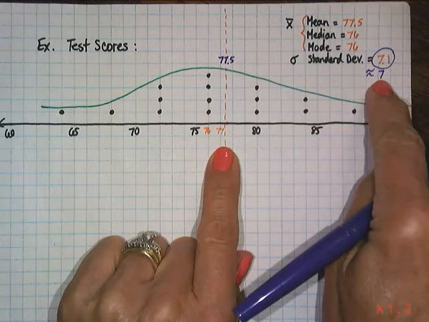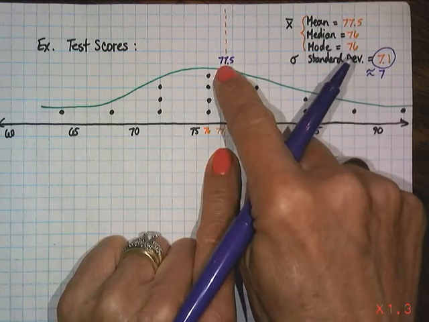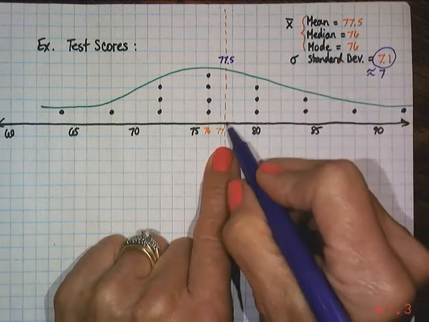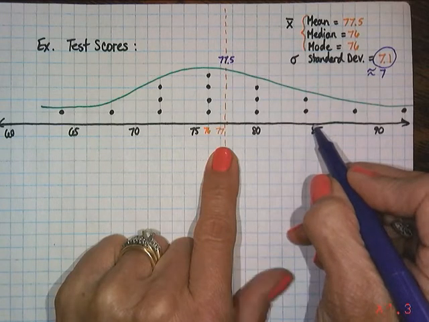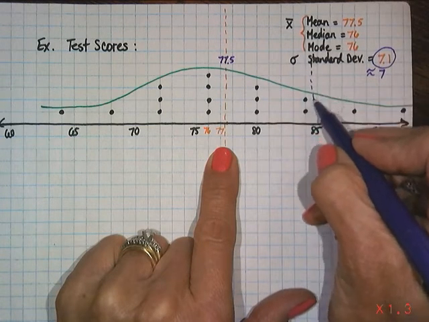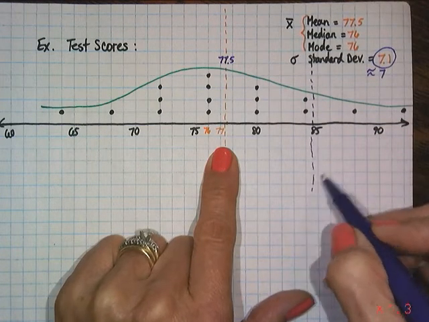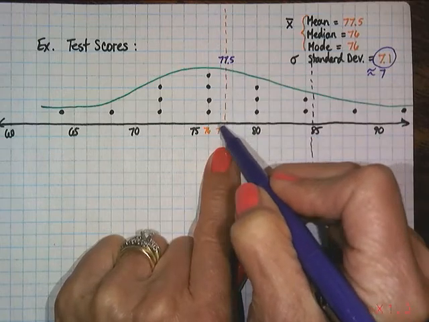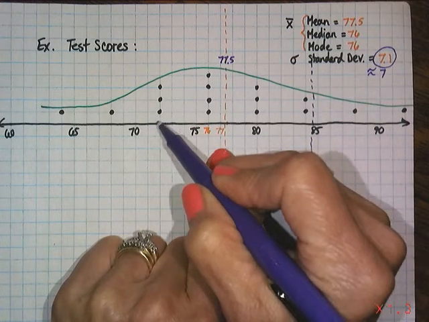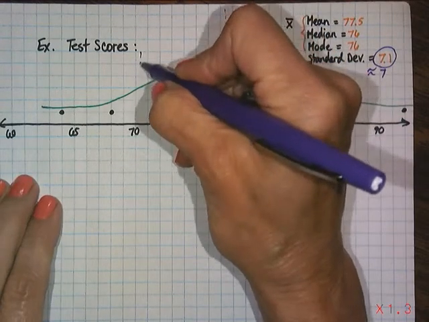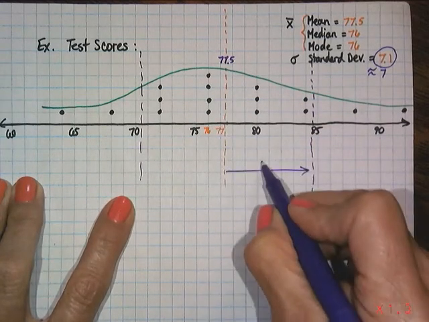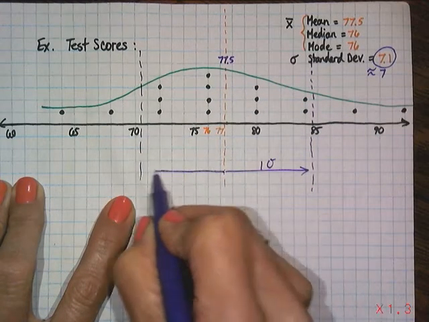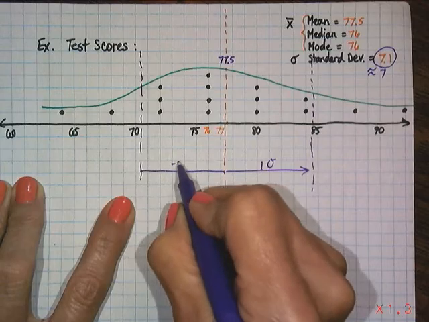If I move 7 units away from 77.5, 1, 2, 3, 4, 5, 6, 7, this dashed line right here, and 1, 2, 3, 4, 5, 6, 7, this dashed line right here, this represents 1 standard deviation out. 1 standard deviation out was 7 units.